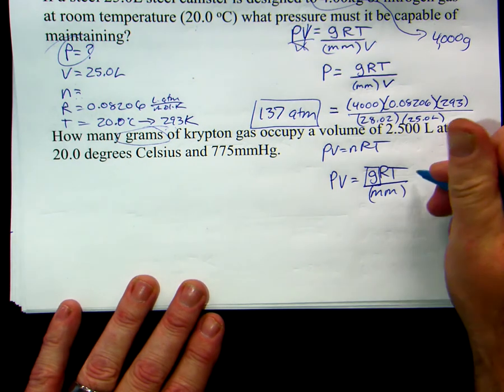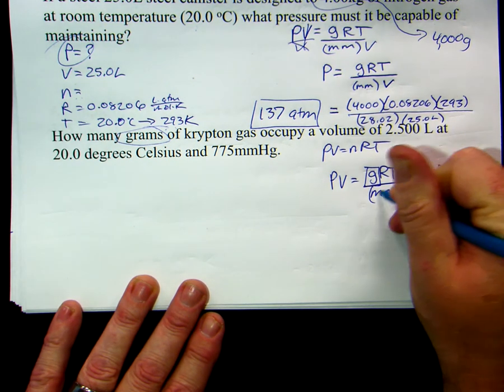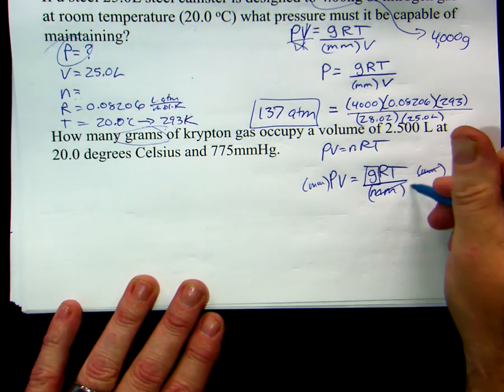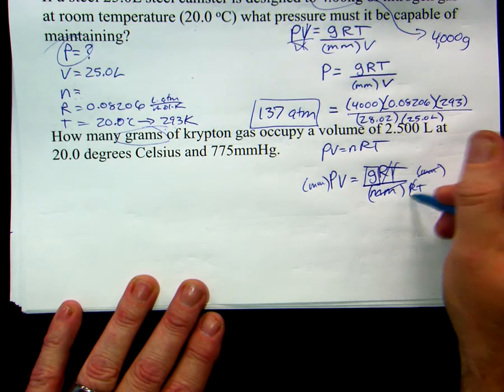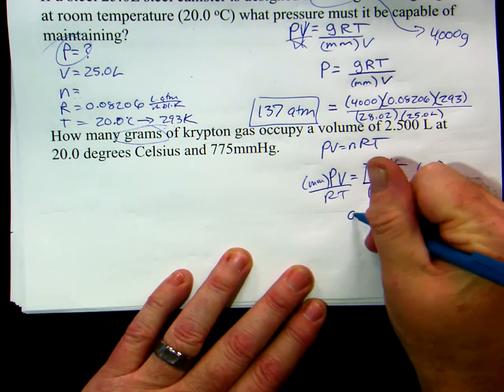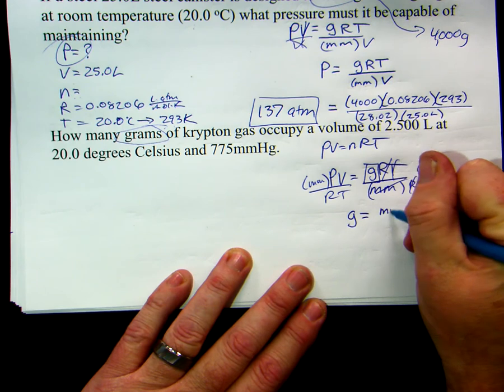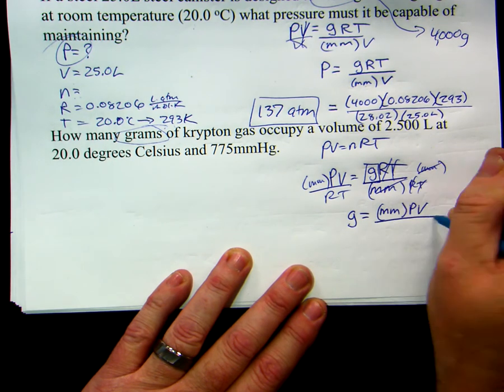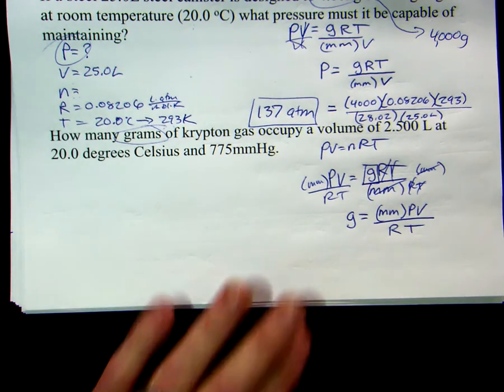So I need to multiply both sides by molar mass, and I need to divide both sides by RT. So grams equals molar mass times pressure times volume divided by RT.